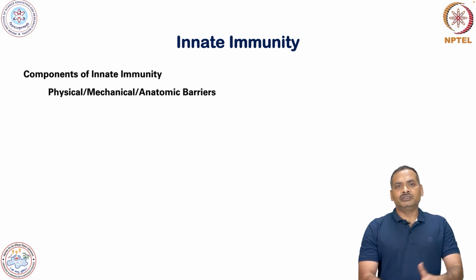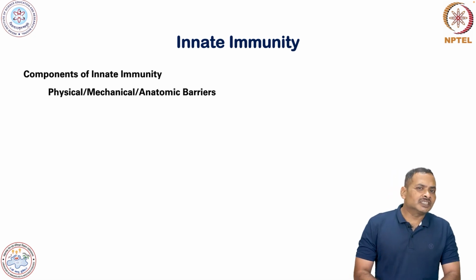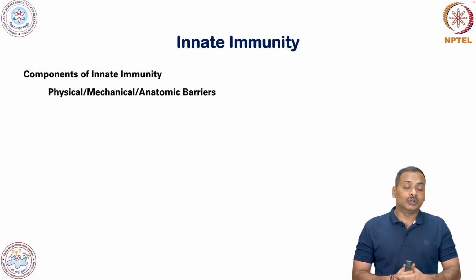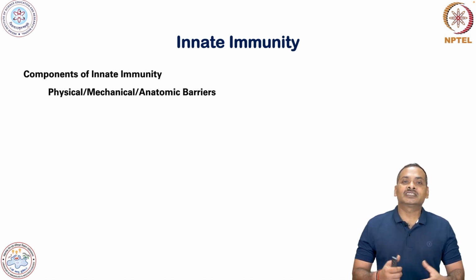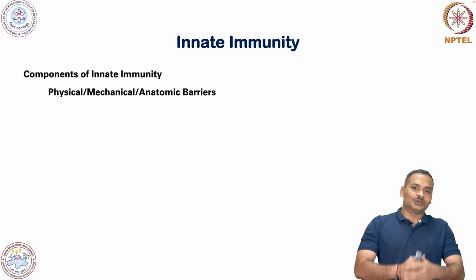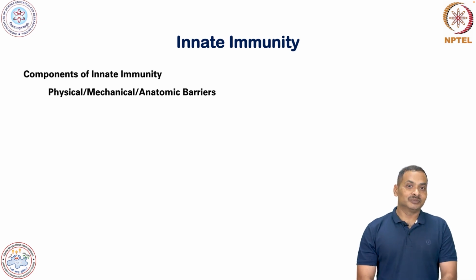I will talk in great length about these barriers. Basically it consists of the lining of our body. You know that the skin is the largest external organ in our body, and there are a variety of mechanisms there which protect us from microbial invasion.